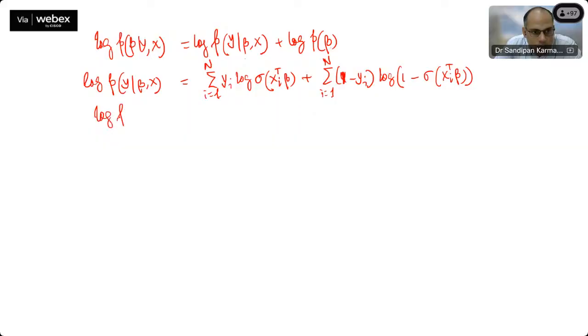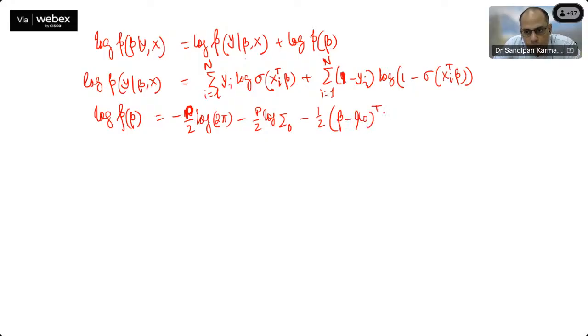So log of p(beta) will be equal to, not taking the full distribution, minus p by 2 log of 2 pi, minus p by 2 log of sigma naught, plus minus half (beta minus mu naught) transpose sigma naught inverse (beta minus mu naught).